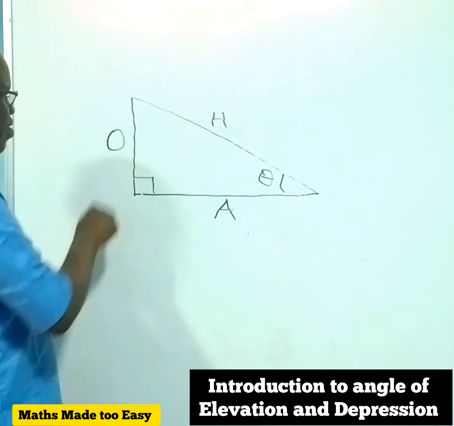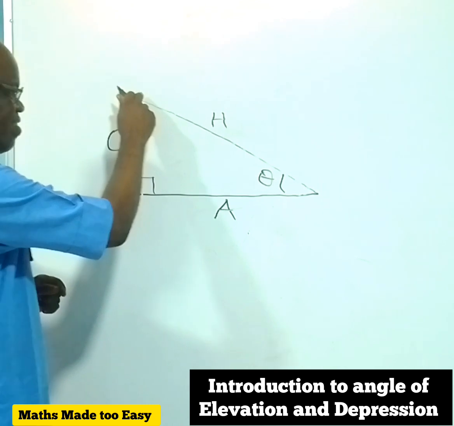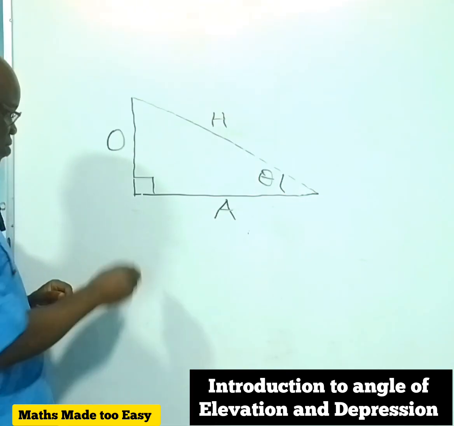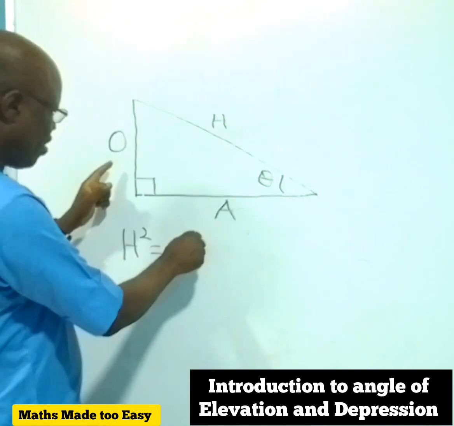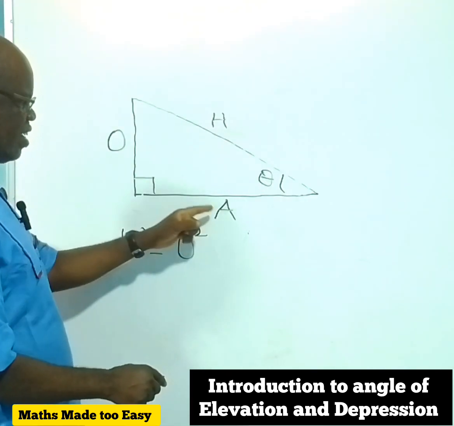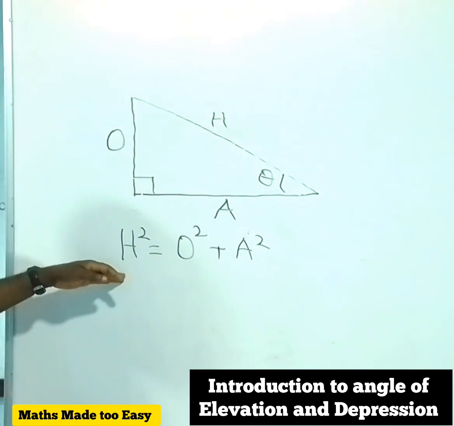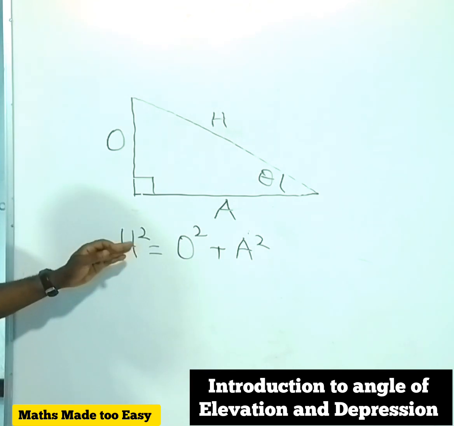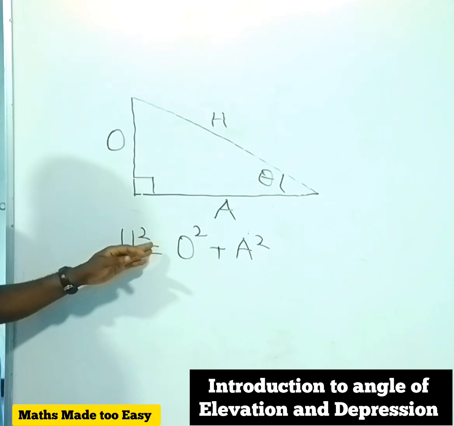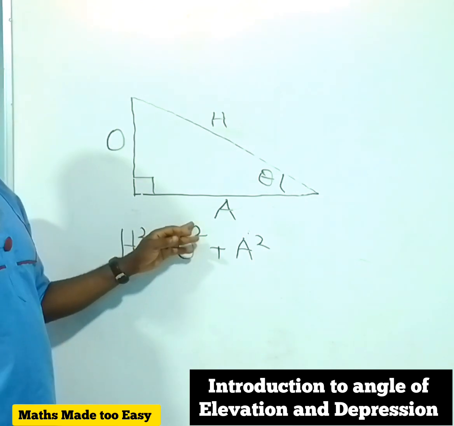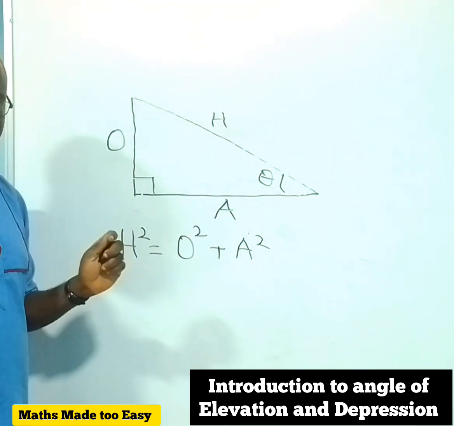According to the Pythagoras theorem, this side, which is the longest side, hypotenuse squared, is the same thing as opposite squared plus adjacent squared. So the theorem says that hypotenuse squared is equal to the addition of opposite squared and adjacent squared. So that is Pythagoras theorem.